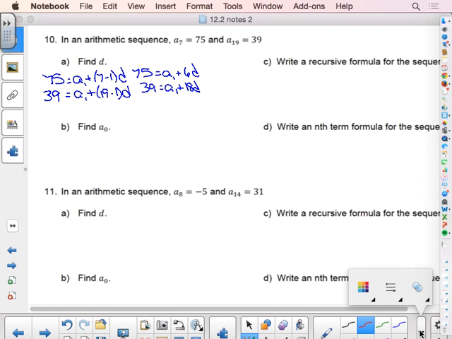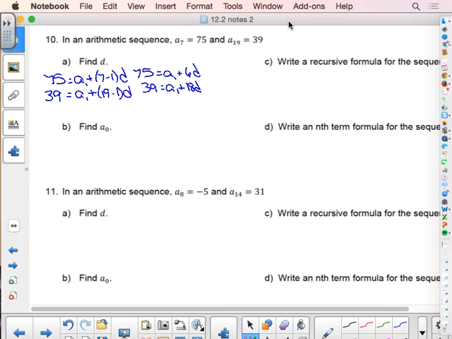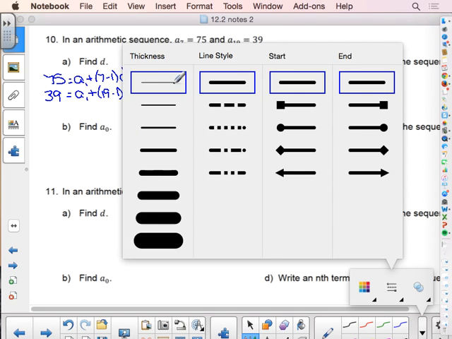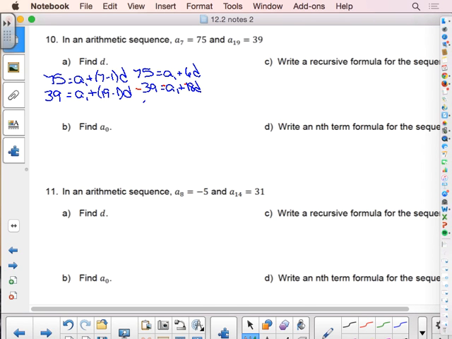Multiply one of those by a negative 1. And I'll get my common difference d to be negative 3. So now, when we're looking at this, this asks us to find a sub 0.